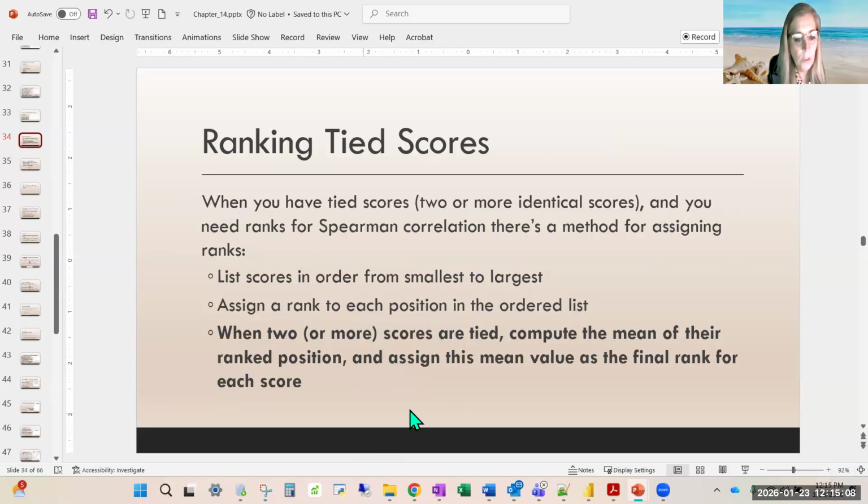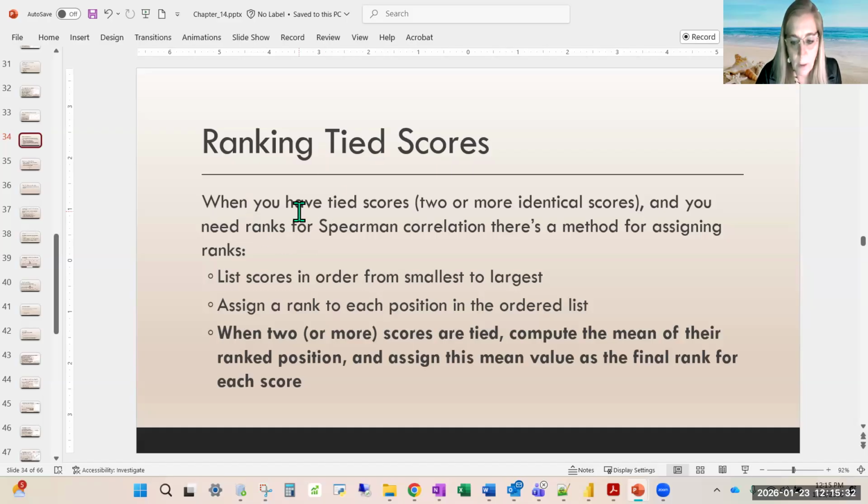All right, so when you have tied scores, two or more identical scores in your data, and you need ranks for Spearman correlation, there's a method for assigning ranks. So basically, when you are doing a Spearman correlation, you're assigning ranks to the non-numerical type of data, like where does it fall in the order of things.